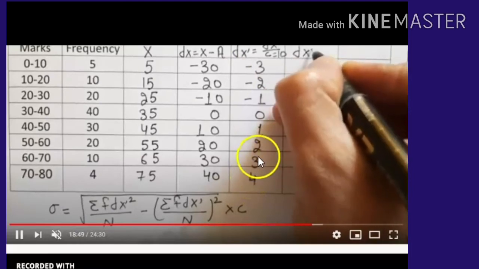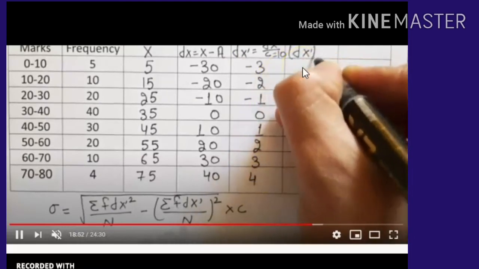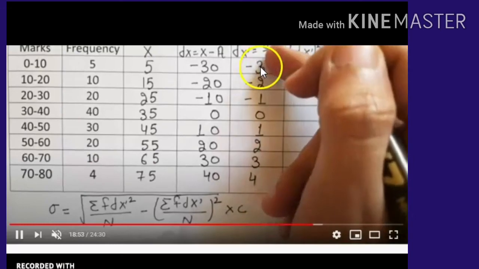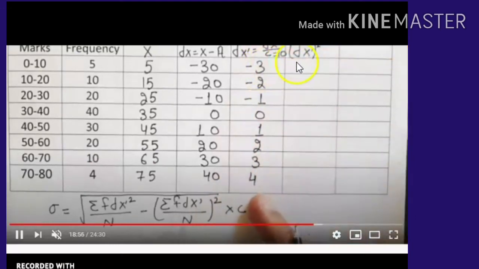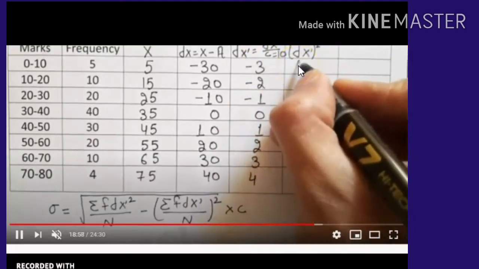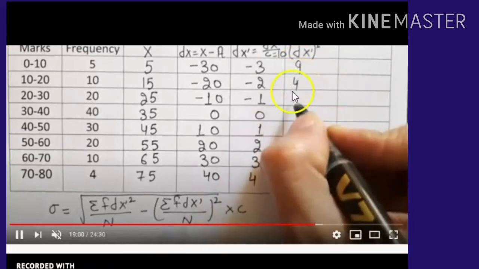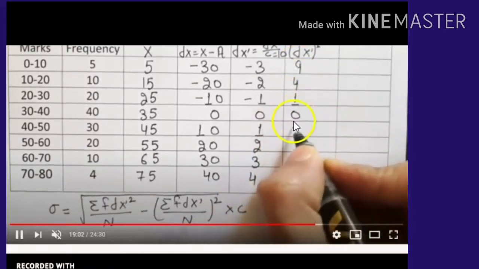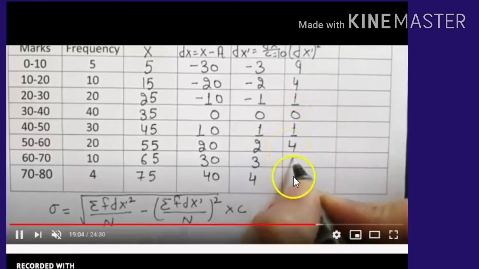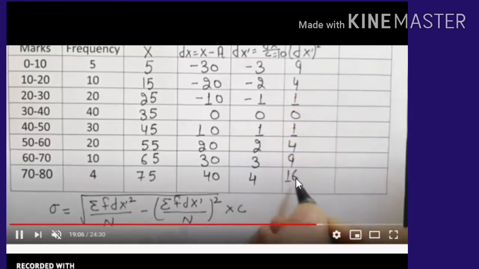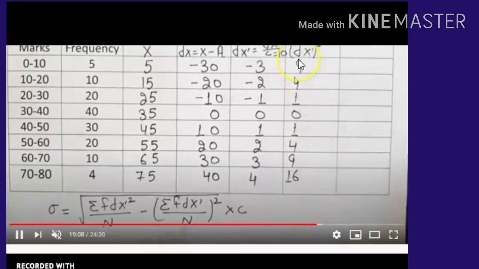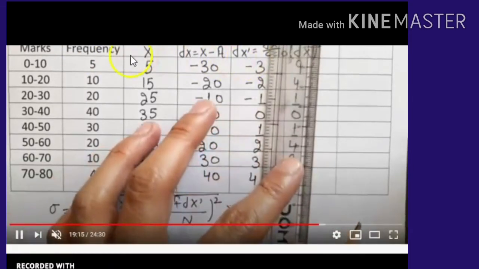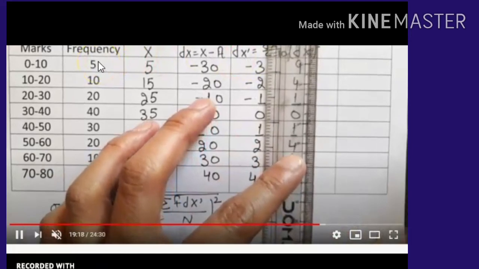So the next column we need is dx dash the whole square. For this column we have to take the square. So you will be getting 9, 4, 1, 0, 1, 4, 9, 16. Then you have to multiply this dx dash square column with the f column, that is frequency.